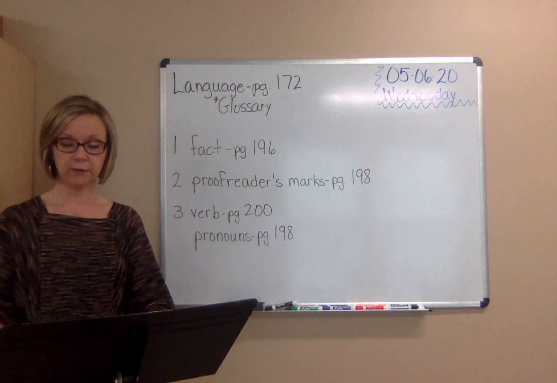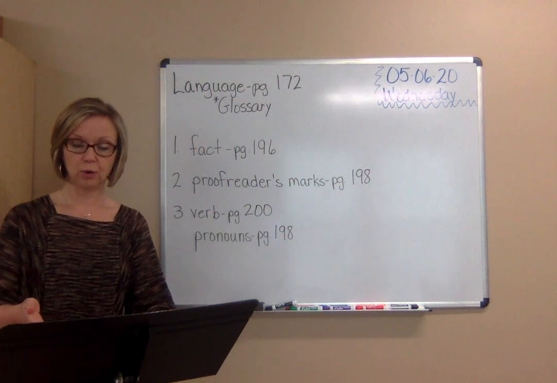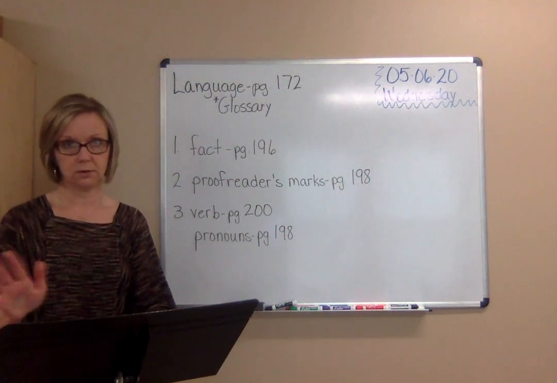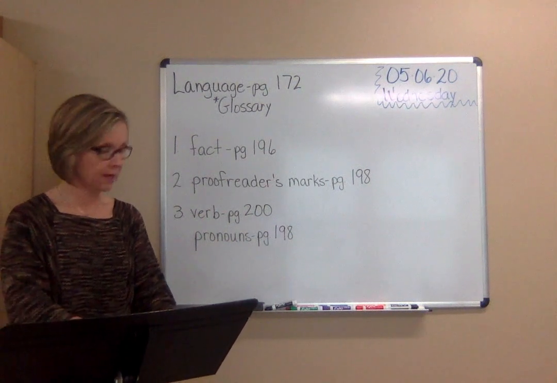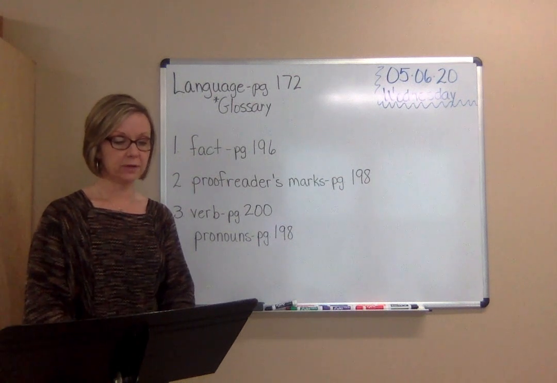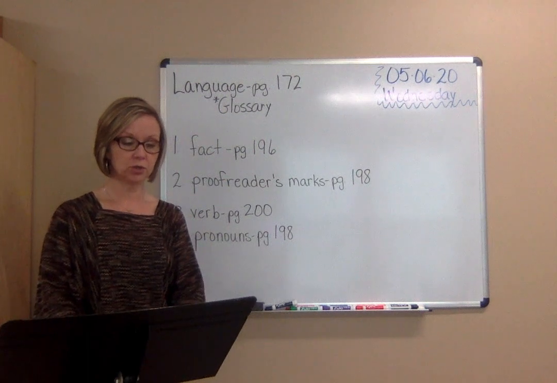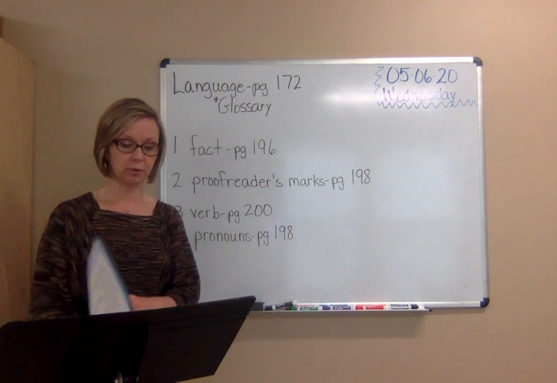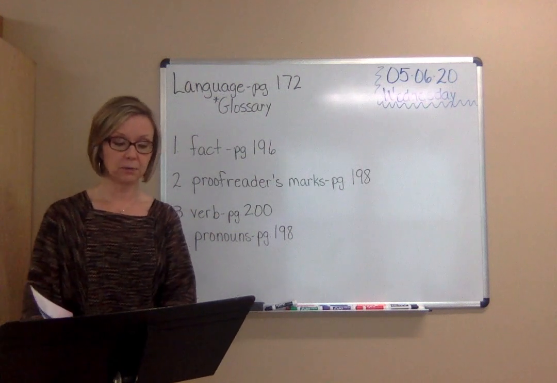So if you are looking for the word fact in N-O-P, that's not going to work. Just follow the alphabet. So let's look back at page 196. And what is the definition of the word fact? A fact is something that is true and can be proven. Something that is true and can be proven.